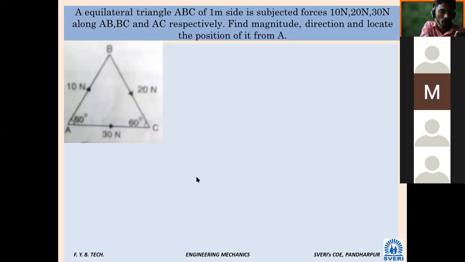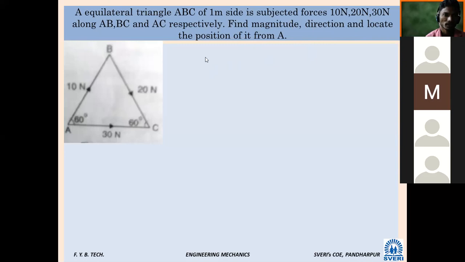Find the magnitude, direction and locate the position of the resultant from point A. Are you observing this diagram?